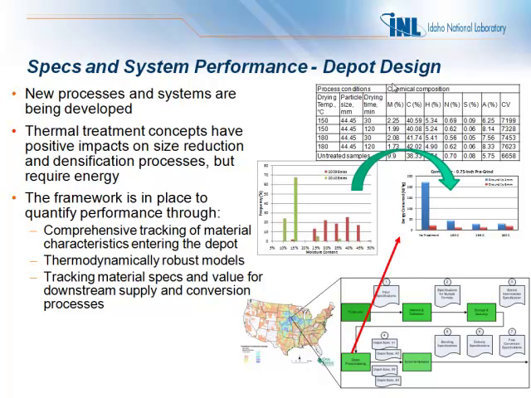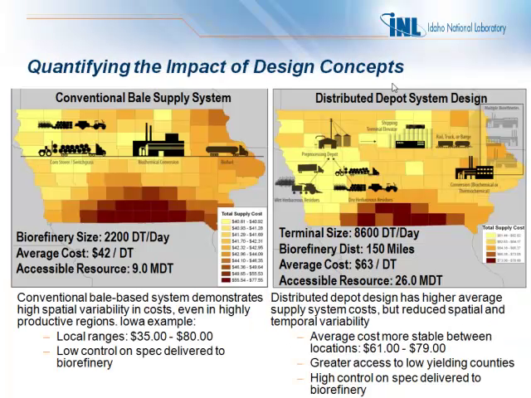Within the depot system, the depot is going to be receiving material from all over the region that's going to have different specifications due to when the material was harvested, how it was harvested, how it was stored, etc. And our integrated framework will enable us to track these various specifications of the material entering the system and how they perform throughout the depot operations.